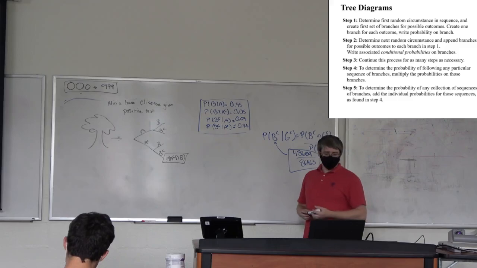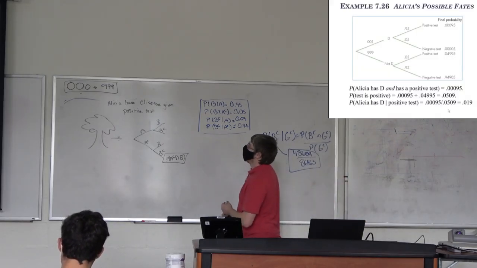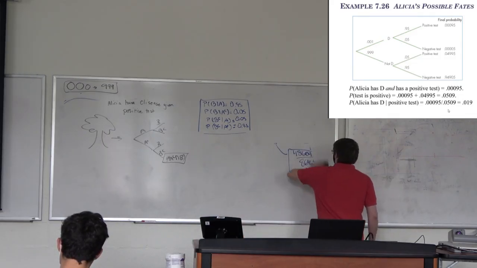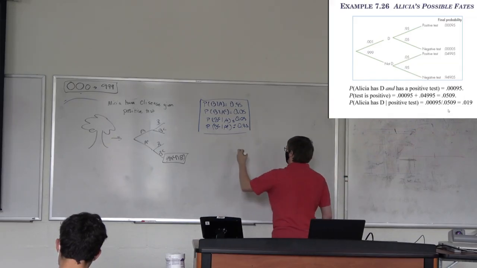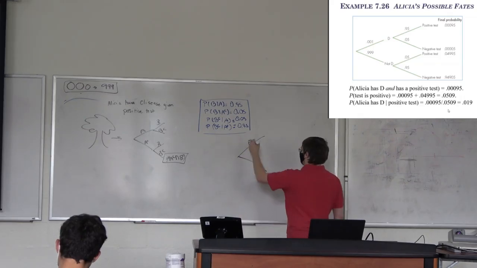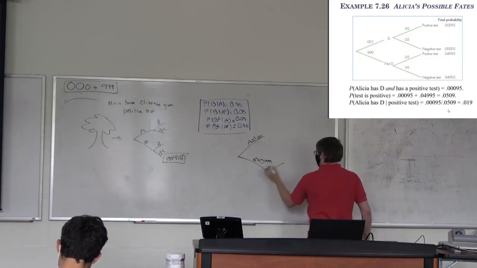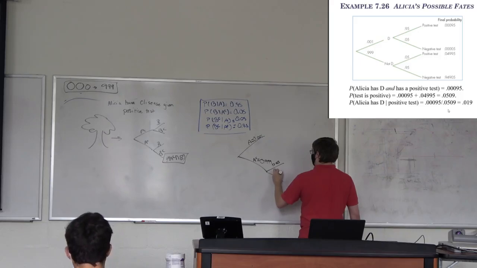and then you can add up the individual probabilities. So I'm just going to show this here for Alicia's possible fates. What we have is this initial branch, which is A and A complement, which is given the disease, which is 0.01, and 0.99. And so as a result of these, you can either have a positive test or not.